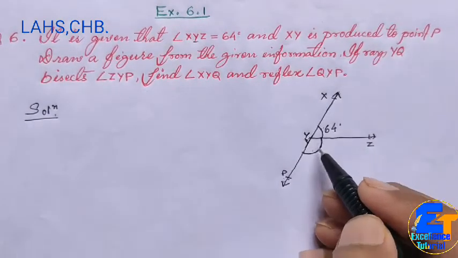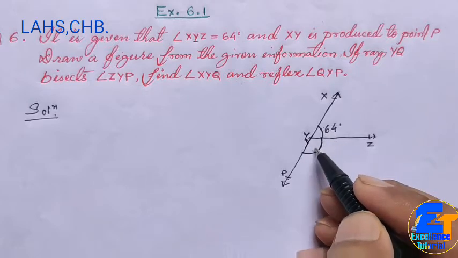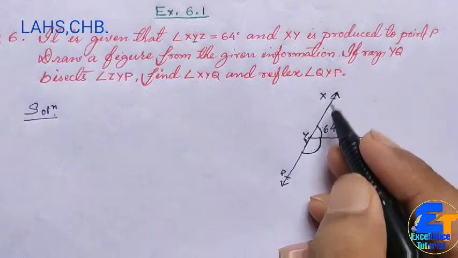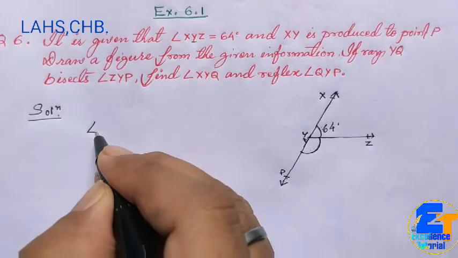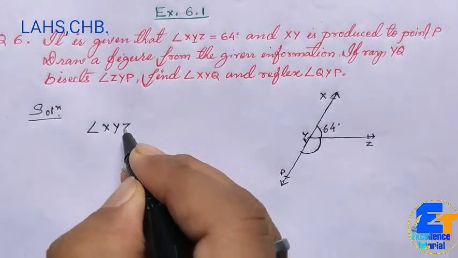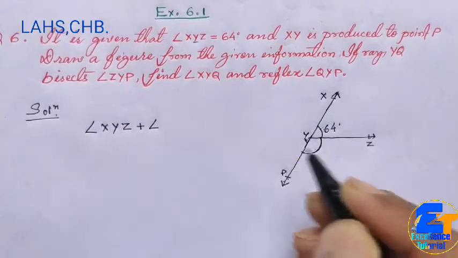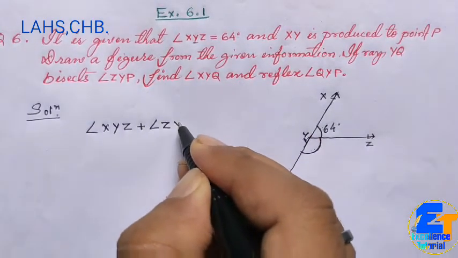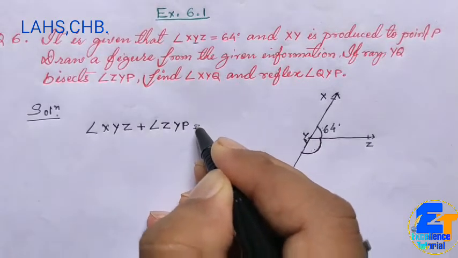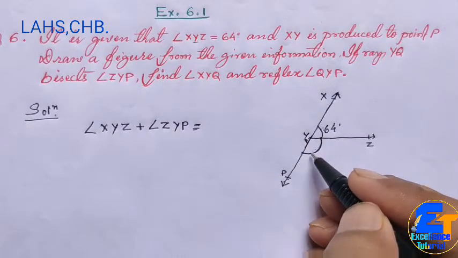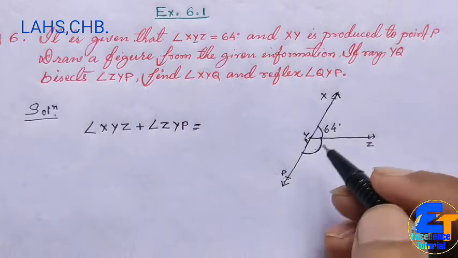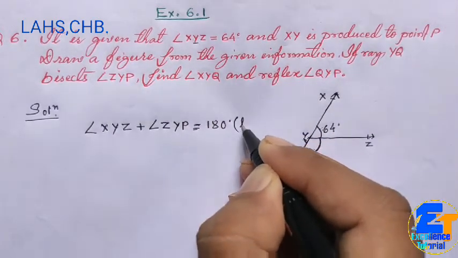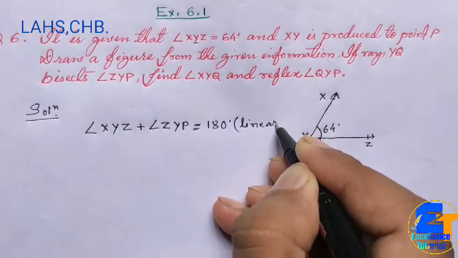We are going to add these two angles, and the sum of these two angles, as you know, will be 180 degrees. So angle XYZ plus angle ZYP. These two angles are adjacent angles formed on the same straight line, so their sum will be 180 degrees. This property is called linear pair.